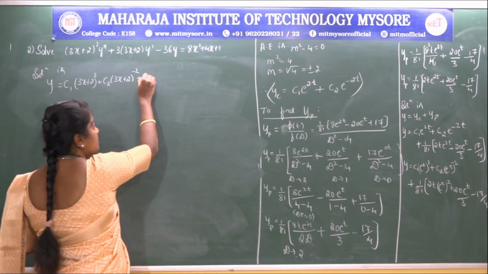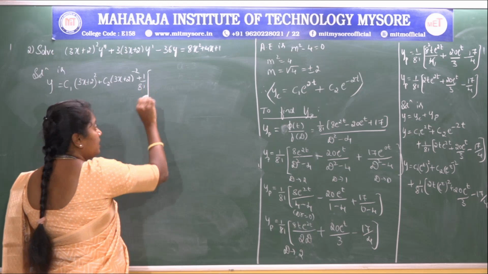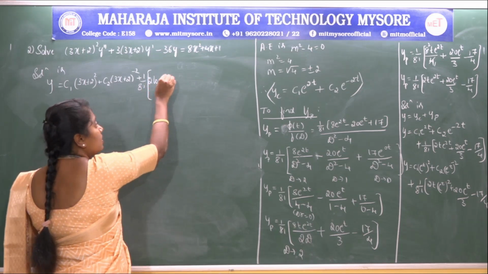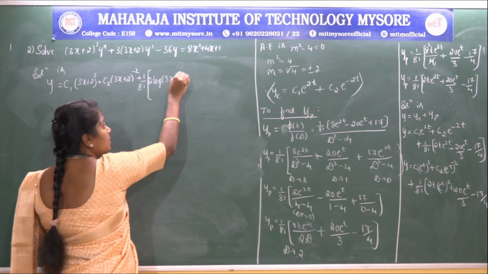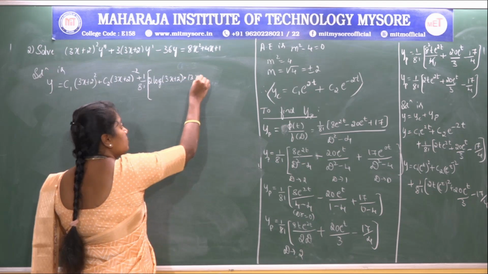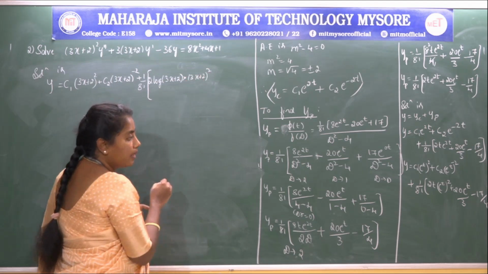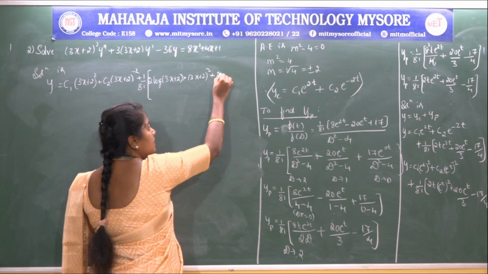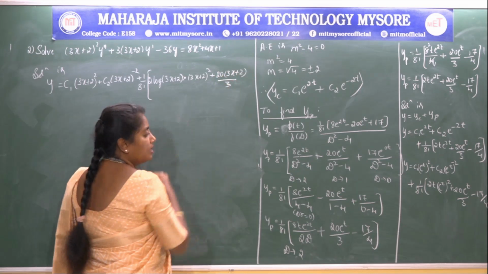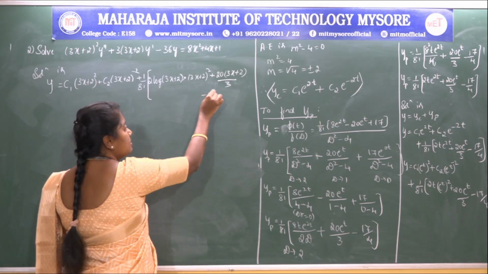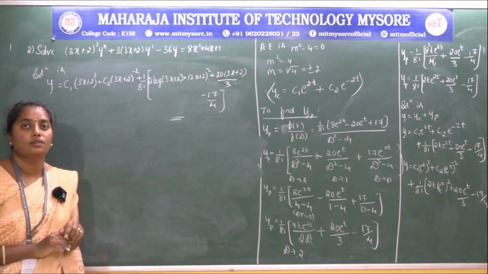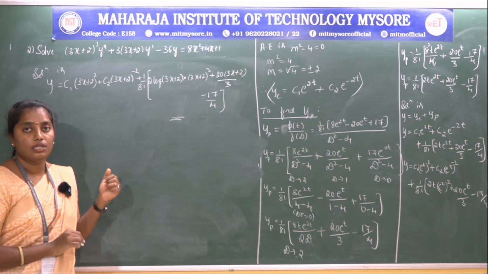Next term, plus 1 over 81 into 2 times t. The t value is log of 3x plus 2 into 3x plus 2 whole square plus 20 into 3x plus 2 divided by 3 minus 17 divided by 4. So this is the complete solution of the given Legendre's differential equation.